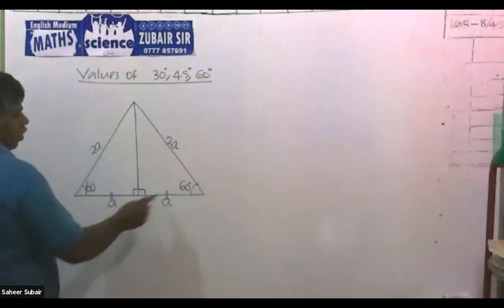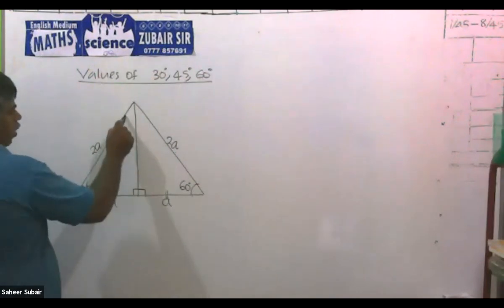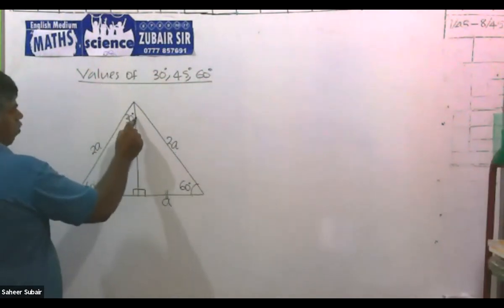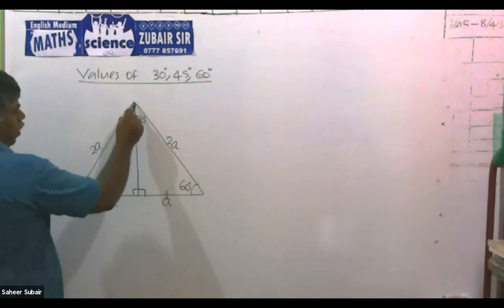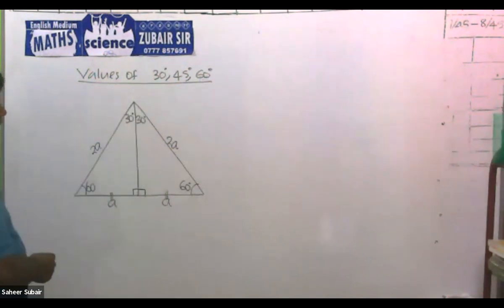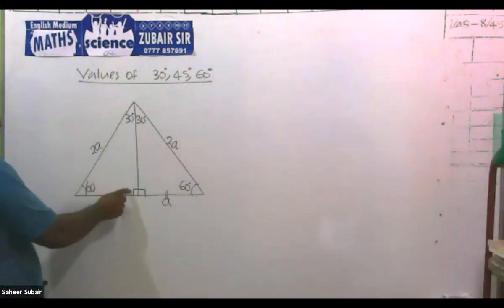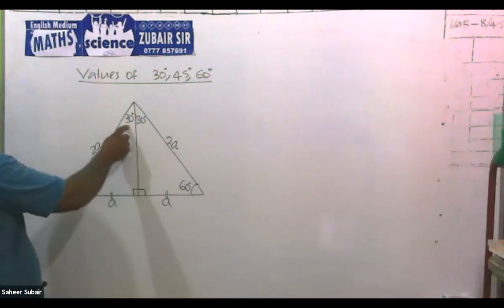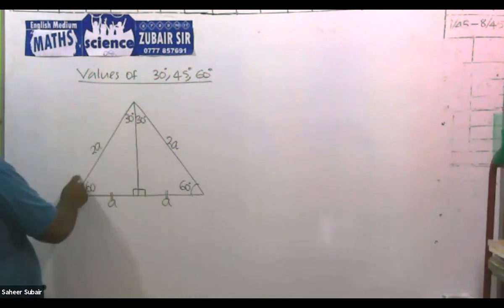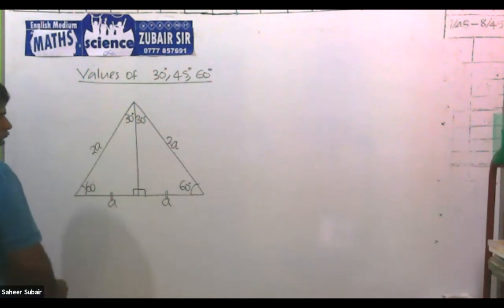This angle will also bisect. All the angles are 60, so the bisector becomes 30, 30. Then this angle is 60, this is a right angle, and this angle is 30. Hypotenuse is 2a, this side is a.